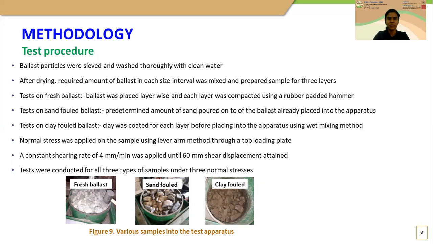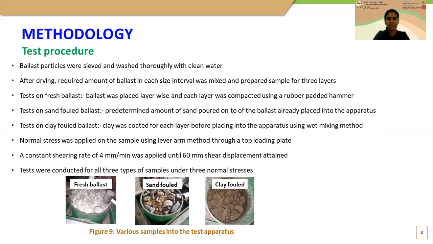For the tests on sand fouled ballast, the predetermined amount of sand was poured on top of the ballast already placed into the apparatus, and a shutter vibrator was used to apply vibration to the apparatus so that the sand could settle in the voids of the ballast sample.